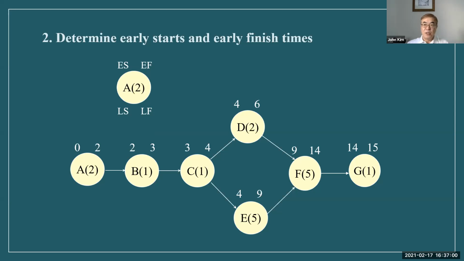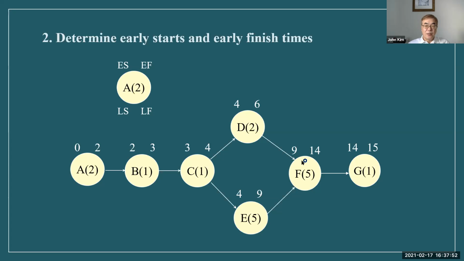The next step is to determine early start and early finish times, placed on top of the node. Later we will do late start and late finish at the bottom. Here, activity A is the starting point, start time 0, plus 2 is 2. After A, B can start, so the starting point is 2, and then 2 plus 1 is 3. 3 plus 1 is 4. 4 plus 2 is 6. 4 plus 5 is 9.